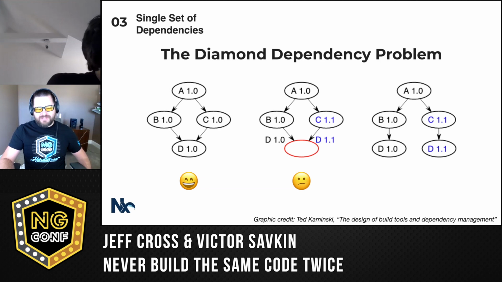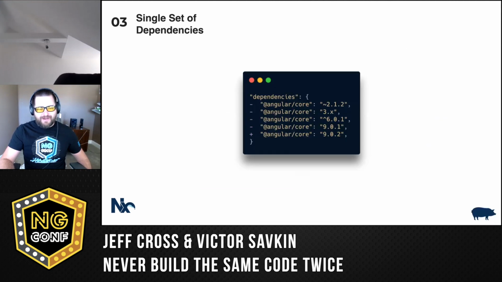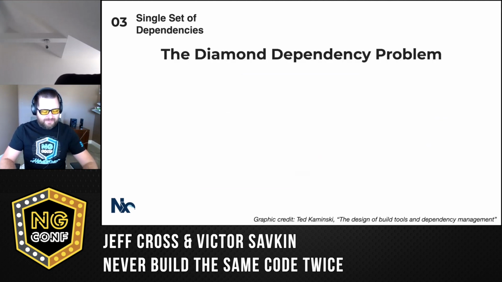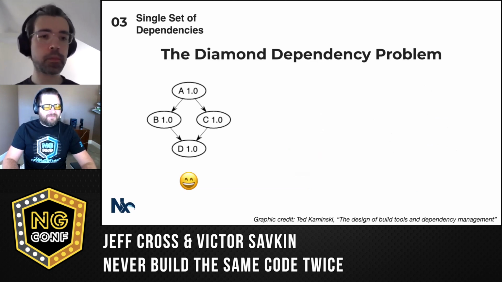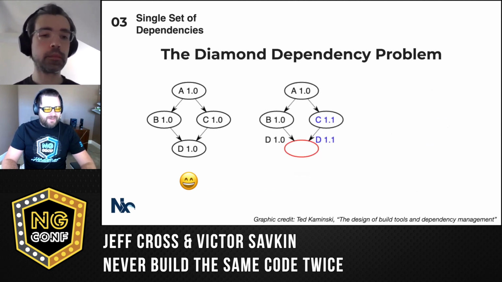But you get into problems when you have two libraries that depend on a third, sorry, let me back that up. So when you have an application at the top that depends on two libraries directly, and they depend on a third-party library at the same version, everything works fine.